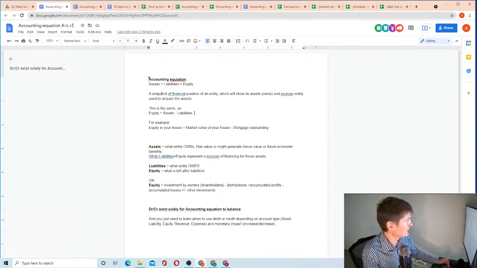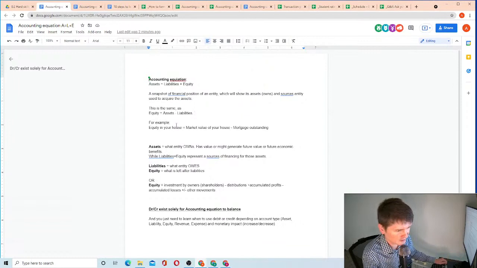That's basically why debits and credits exist. It's not that debits and credits existed independently of whatever happens, and someone decided, okay, let's build all these debits and credits into the balance sheet. It is because we want our balance sheet to balance. That's why we have debits and credits.